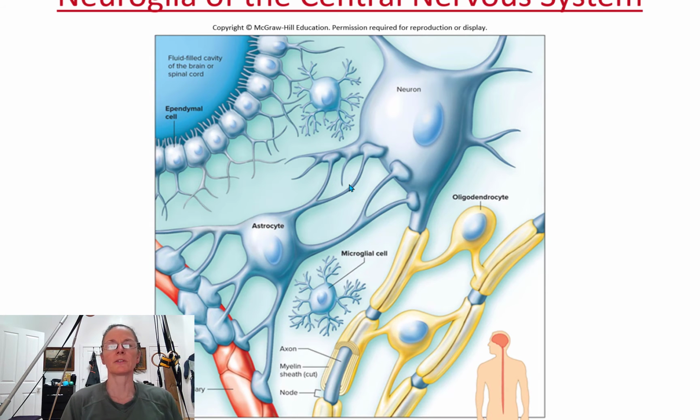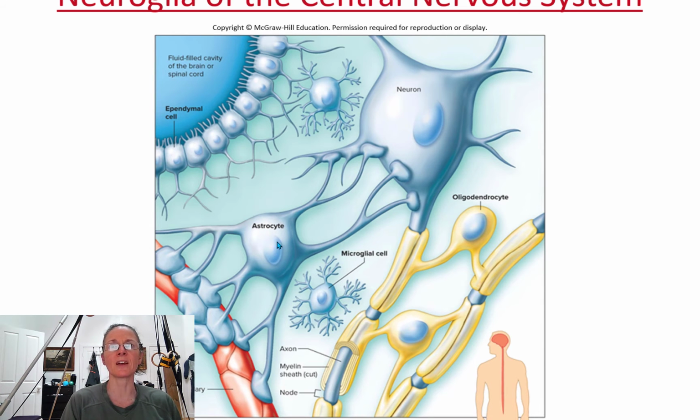And there are some differences, which we'll cover in just a little bit, but we need to make sure that the ionic concentrations are tightly regulated so that the type and amount of ions outside the cell is maintained where it's supposed to be, as well as the type and number of ions within the cell. And as you recall, we've got a lot more sodium outside the cell and a lot more potassium inside. We saw this with muscle cells, and we'll see it's true with neurons as well.